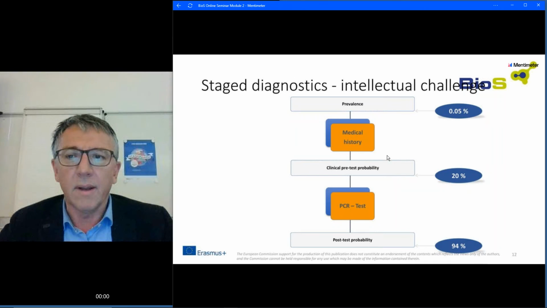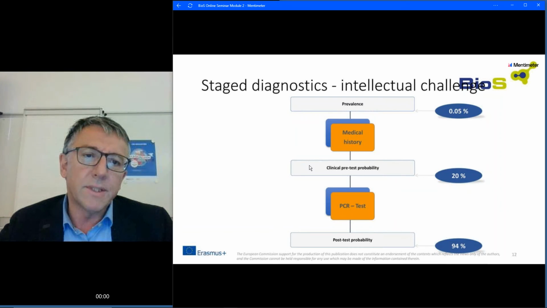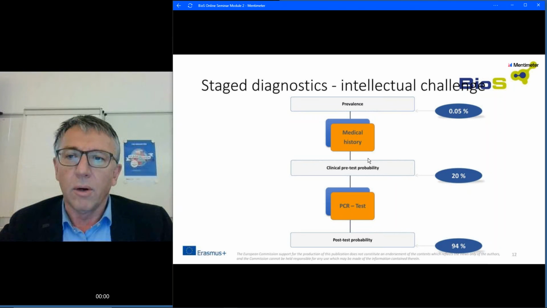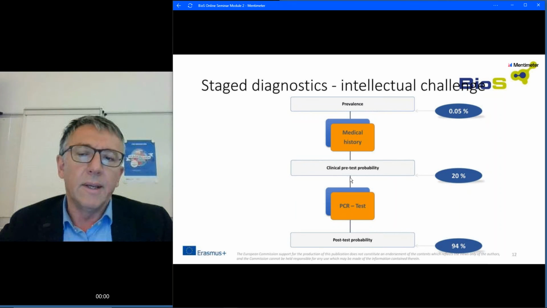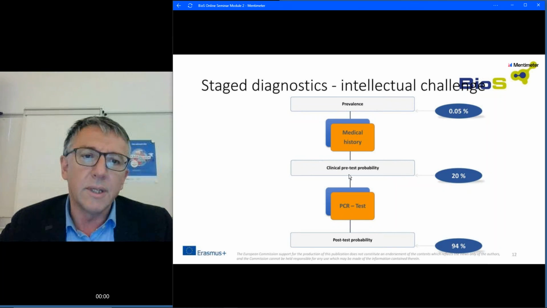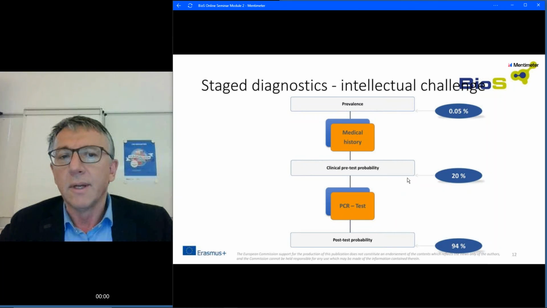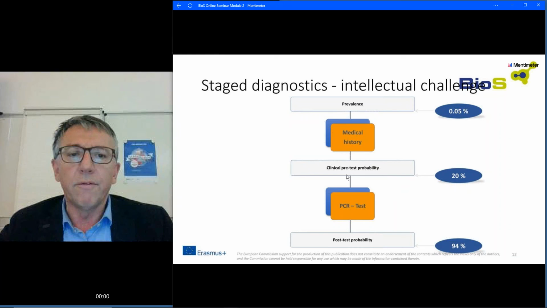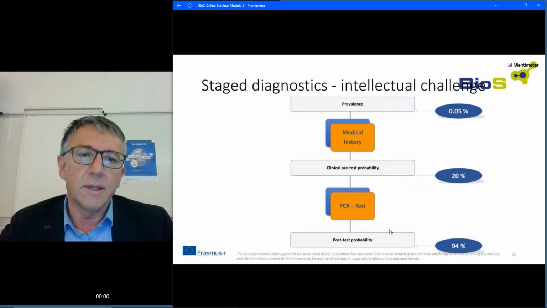You check every day the information that is available from the local authorities about risk factors and hotspots in and around your hospital. And from this pre-diagnostic, you can increase the pretest probability. And by staging, then you have much more information available in the PCR test.